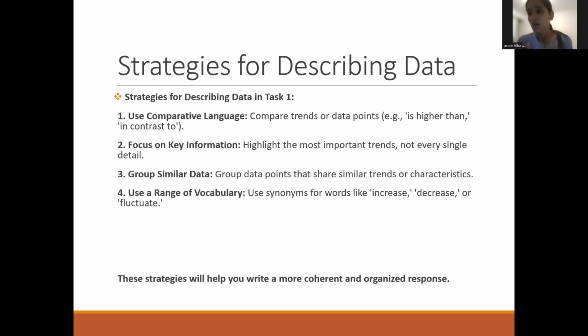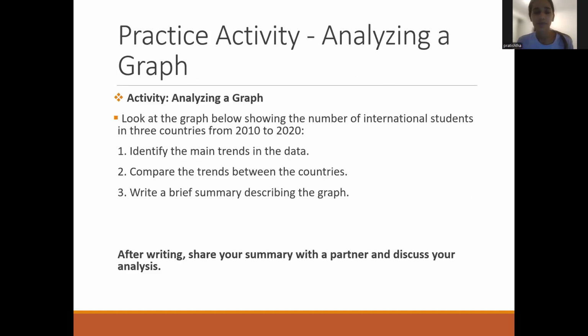So it depends on what data graph you have. If we see a data graph in a further lesson, we will be able to analyze what the similar trends are. I would suggest using a range of vocabulary, right? Use synonyms like increase, decrease, fluctuate, and so on and so forth.